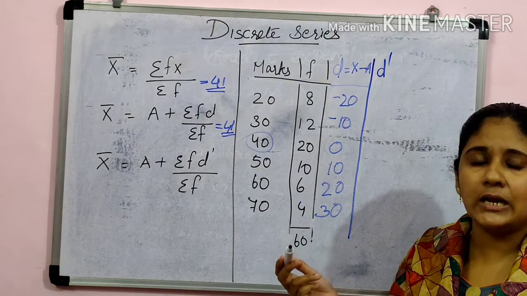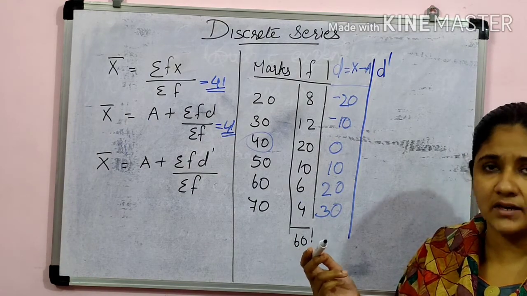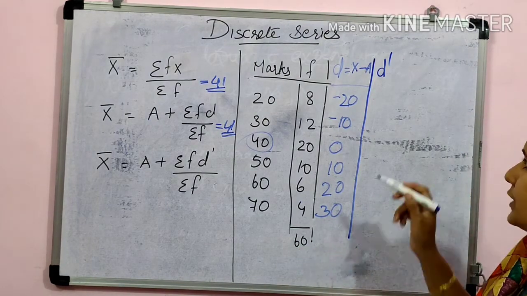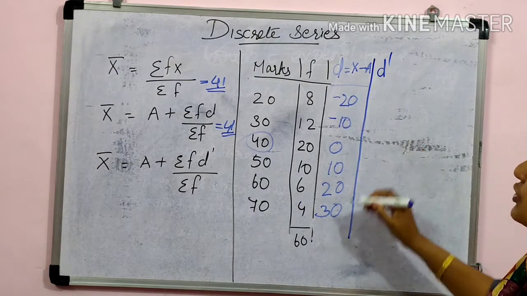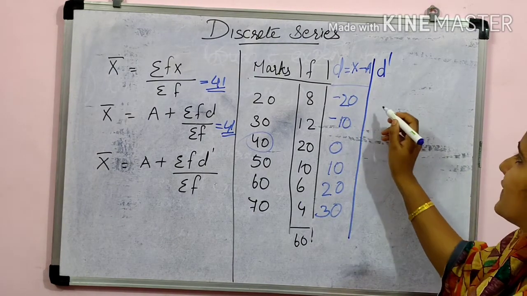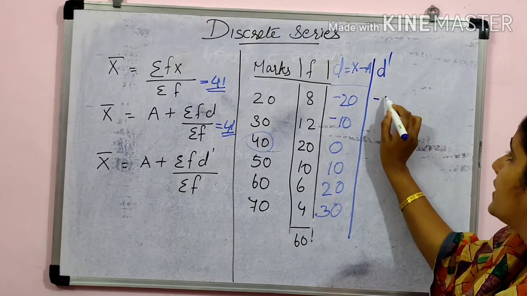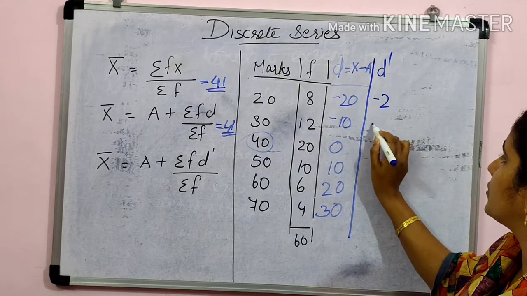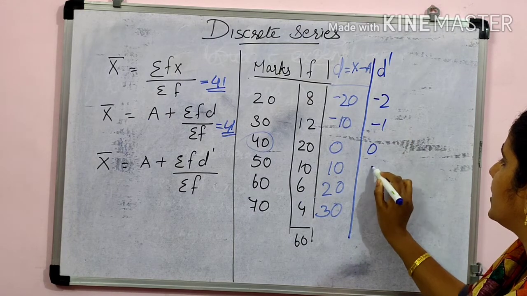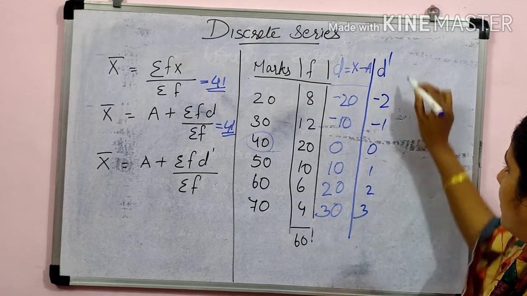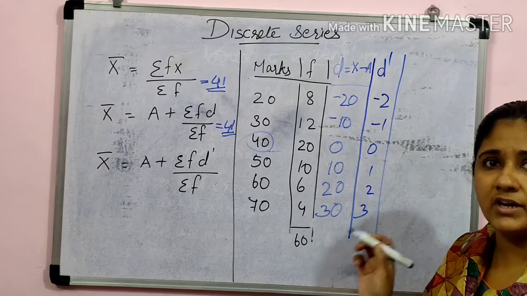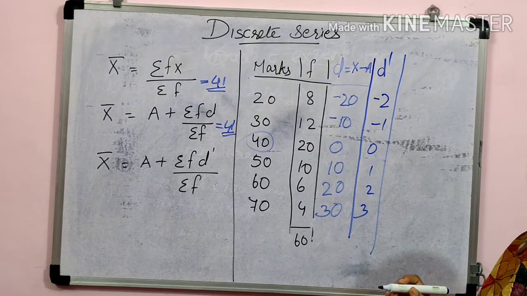With the help of 10, considering it as a common factor, we are able to divide all these deviations. So dividing by 10, here we will get minus 2, here minus 1, then 0, 1, 2, 3. We have divided with 10 in all these cases.